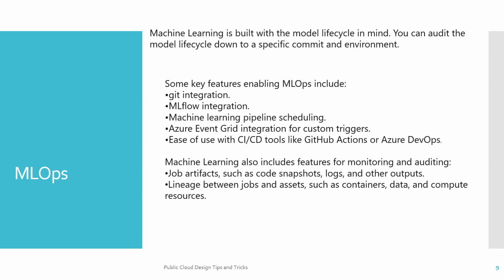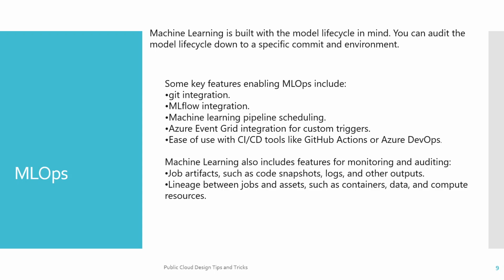And then if you want to have some triggers based on something, then you can also use Event Grid in that case. And all of these concepts can be stitched together with CI/CD tools. Okay, so that is how MLOps in general can be mapped into the flow.